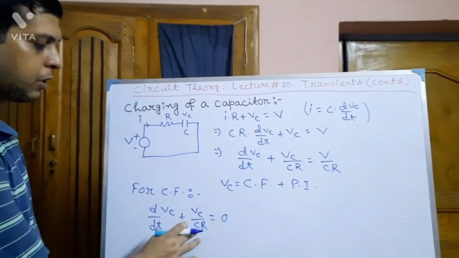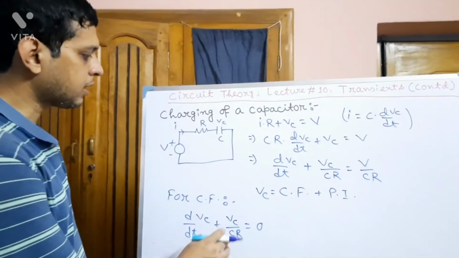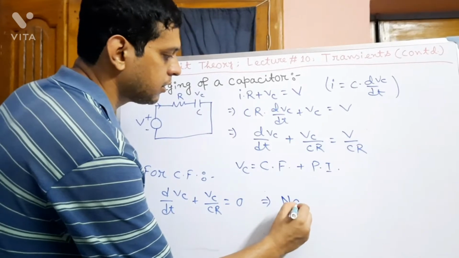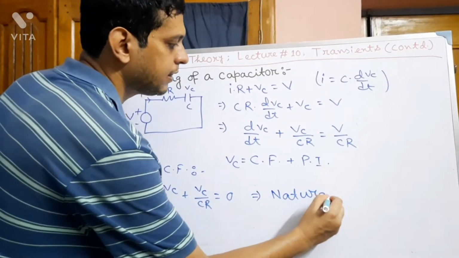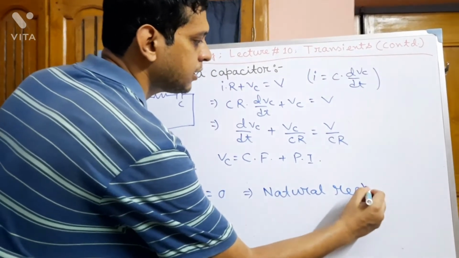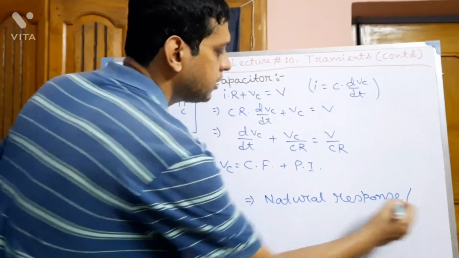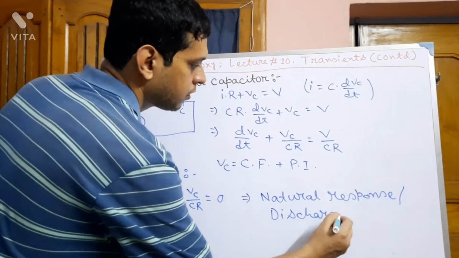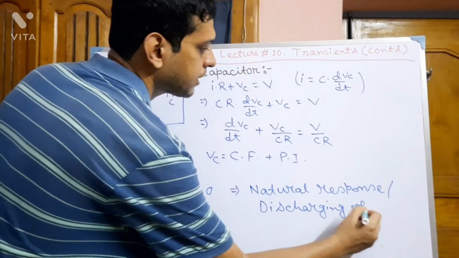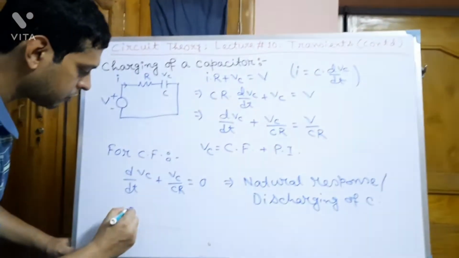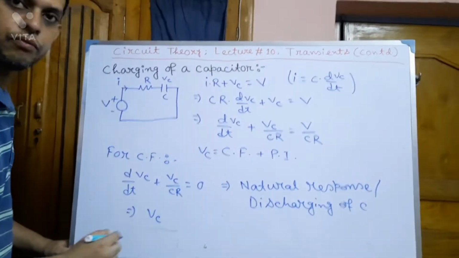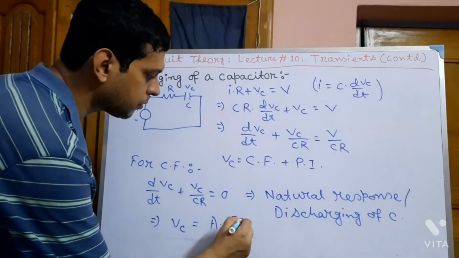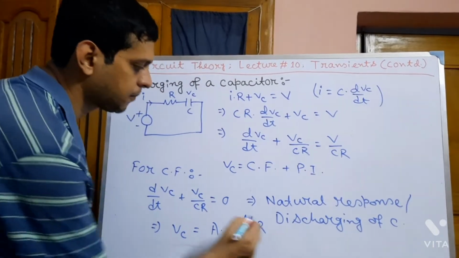Now we are familiar with this equation. In the last lecture, we described this equation as the natural response of an RC circuit, or discharging of a capacitor. We got Vc from this equation as A e to the power minus t by CR.